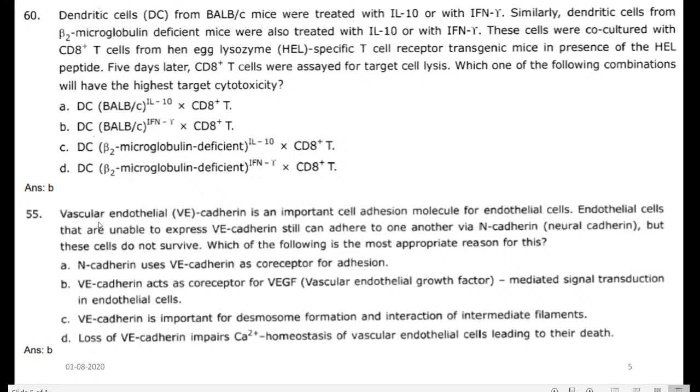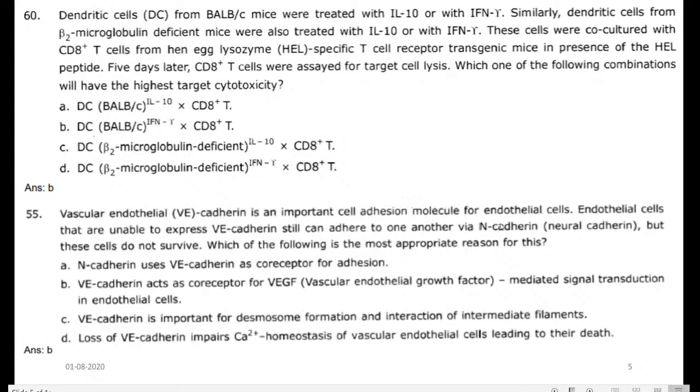Next concept: vascular endothelial cadherin is an important cell adhesion molecule for endothelial cells. This is the statement.